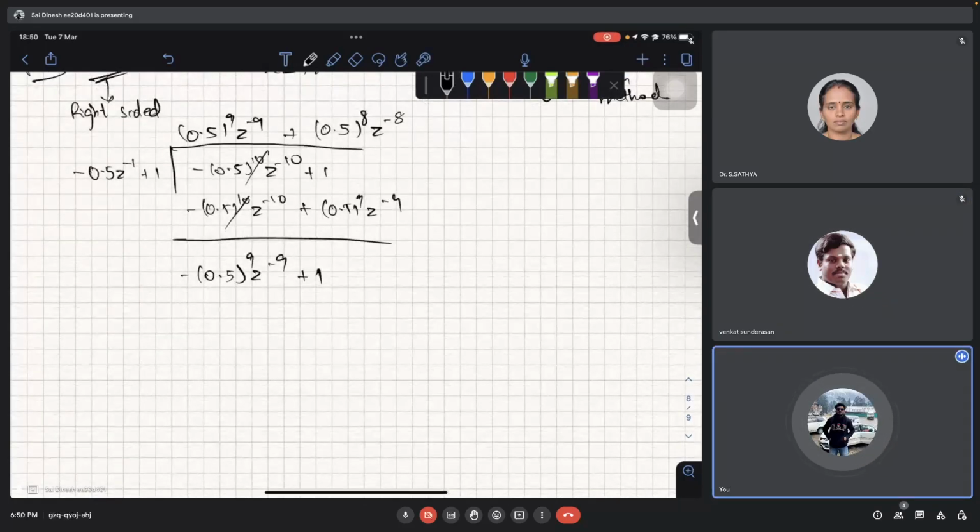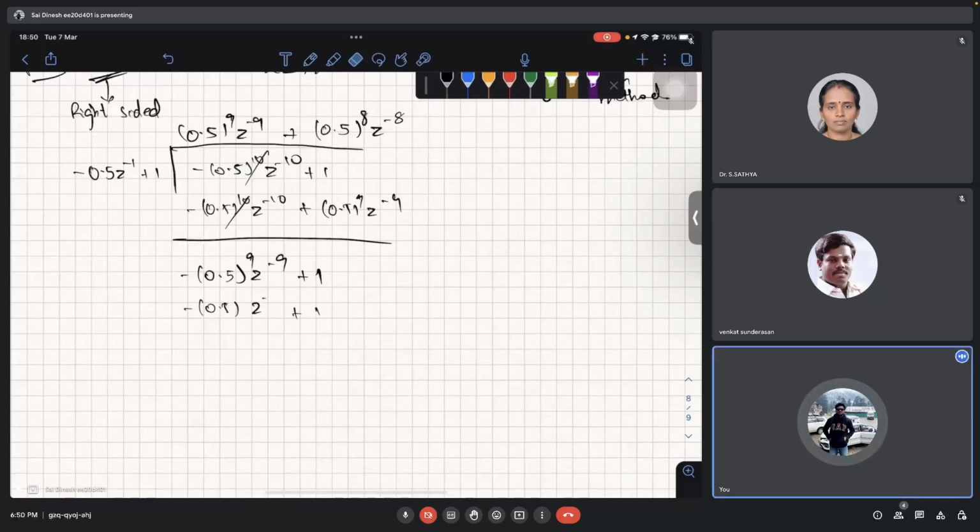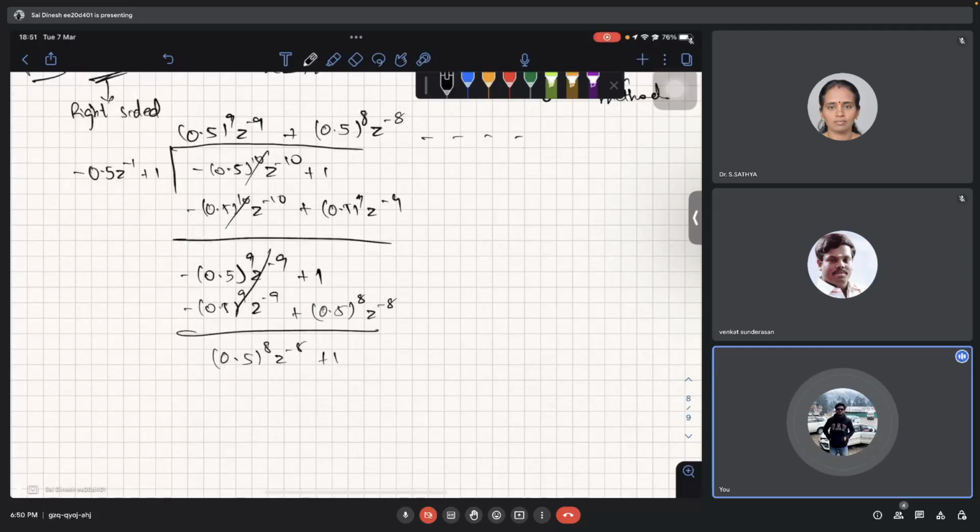Now it will be minus 0.5 power 8 z power minus 8 plus 1, plus 0.5 power 8 z power minus 8. Again these two get cancelled. We are left with 0.5 power 8 z power minus 8 plus 1, and then finally we keep multiplying them until we get a 0 remainder.